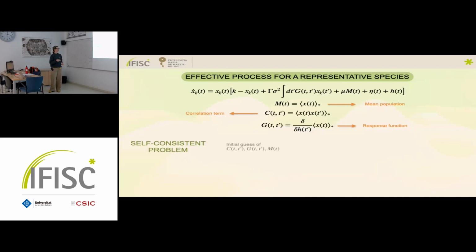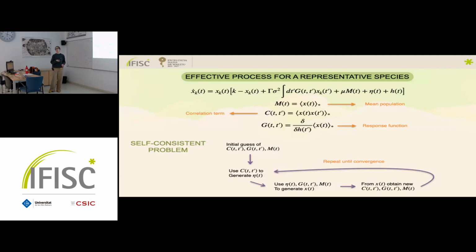How do we do it? We start from an initial guess for these quantities. Using this initial guess, we are able to generate eta. Once we have eta, we have all the quantities inside this equation, so we are able to generate x of t. But once we have x of t, we can reevaluate these quantities once again. So we obtain new values, and we repeat the process all over until we reach convergence.